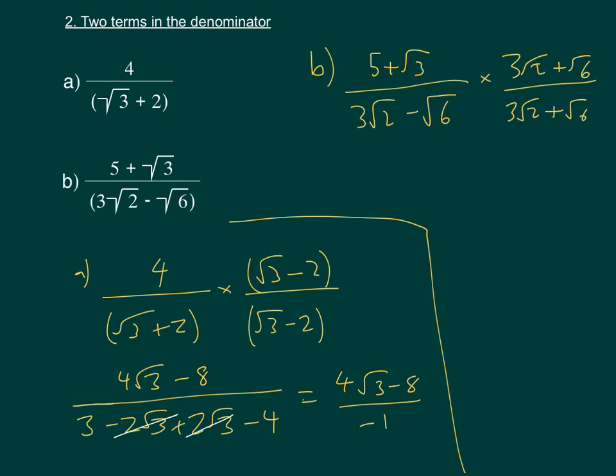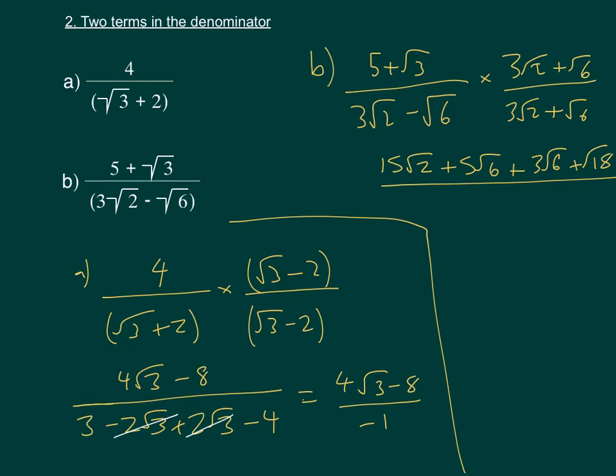And then if we expand the top, we've got 15 root 2 plus 5 root 6 plus 3 root 6 plus root 18. And then we'll simplify that in a minute.